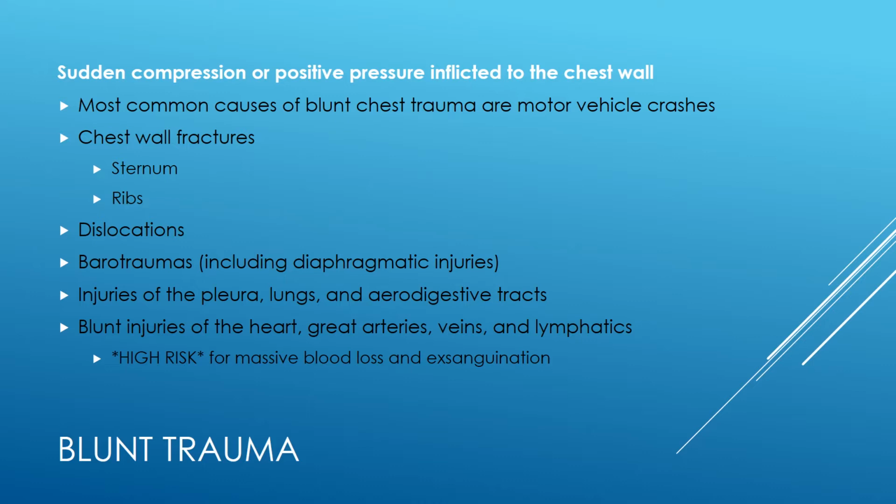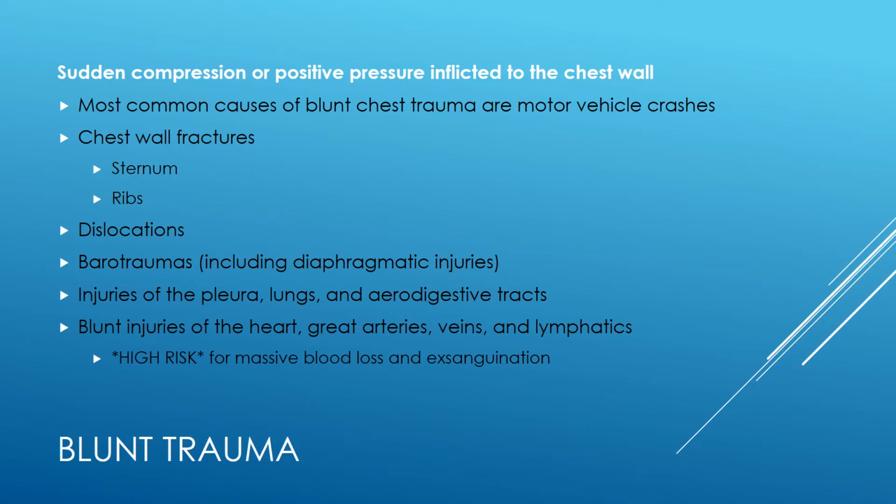Remember PEEP from mechanical ventilation. That's a lot of pressure that you're exerting into the intrathoracic cavity, and sometimes that can cause barotrauma and end up with a pneumothorax. Also injuries to the pleura, lungs, and digestive tract.